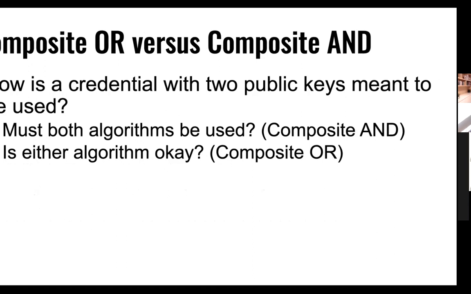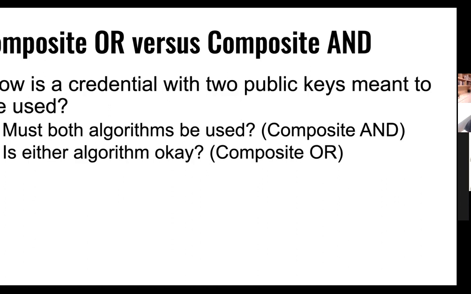Am I indicating to you that I want both of these algorithms to be used? So in the case of key exchange or encryption, I want it to be encrypted under both of these algorithms. Or in the case of signatures, I mean that you should only accept something if it's signed by both of these algorithms. So I'm asking for extra security.